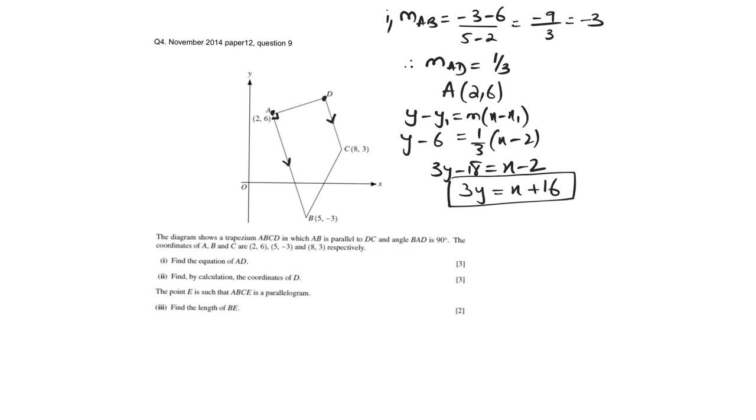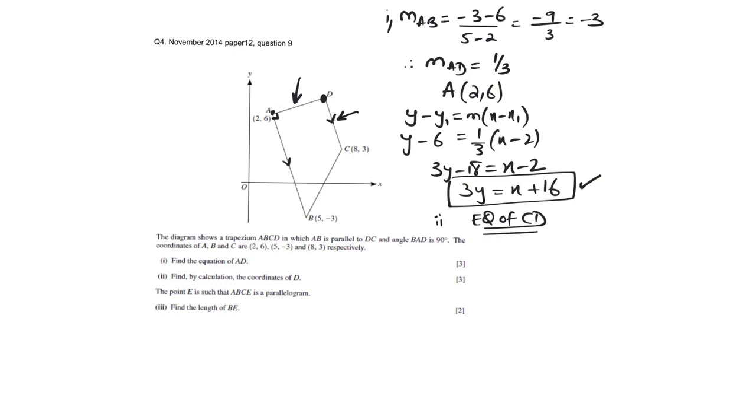In the next part, they are saying find by calculation the coordinates of D. You need to find this coordinate. Now this coordinate D is the intersection of line AD and line CD. We already have the equation of AD with us. We need to find the equation of CD.